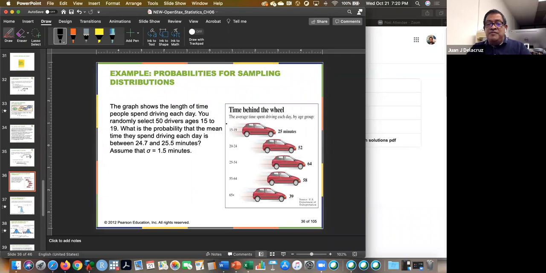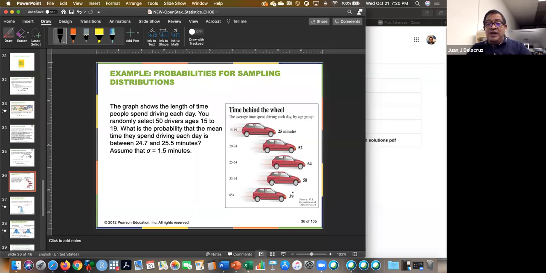People between 15 and 19 spend 25 minutes. People between 20 and 24, 52 minutes. People between 25 and 54, 64 minutes. That makes sense. When you are young, you go to the school nearby; when you are a person of working age, you drive more.